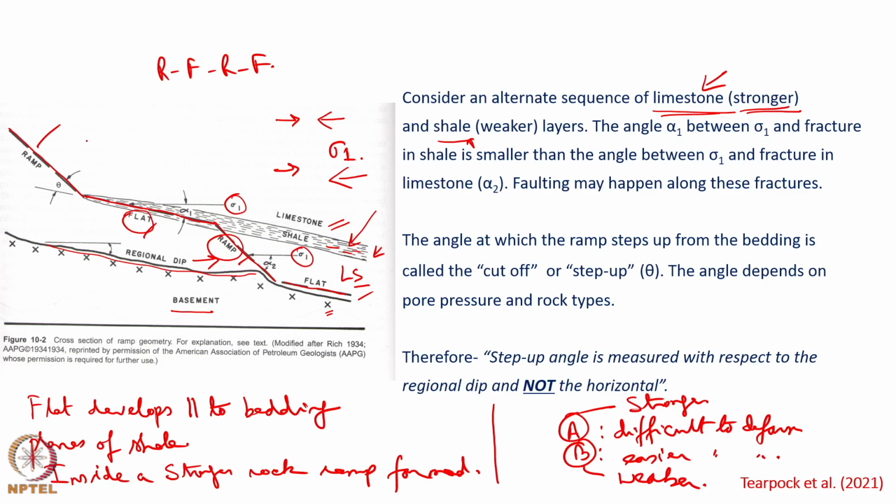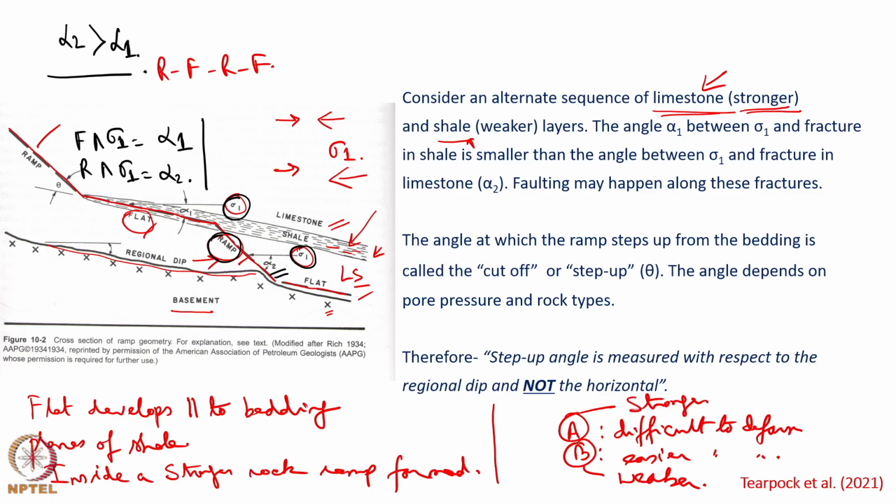Consider the angle between the flat and sigma 1 stress is alpha 1 and the angle between the ramp and sigma 1 stress is alpha 2. Then in this case alpha 2 is more than alpha 1.